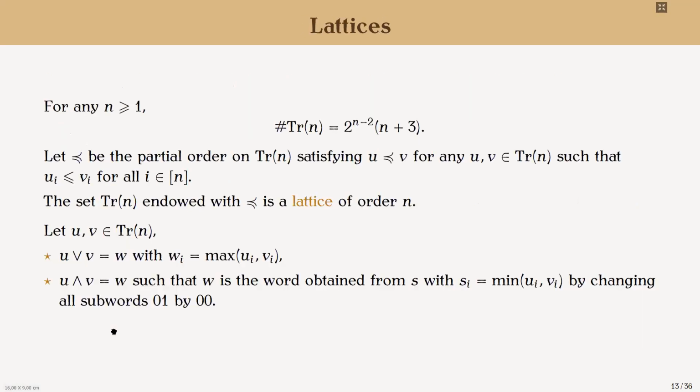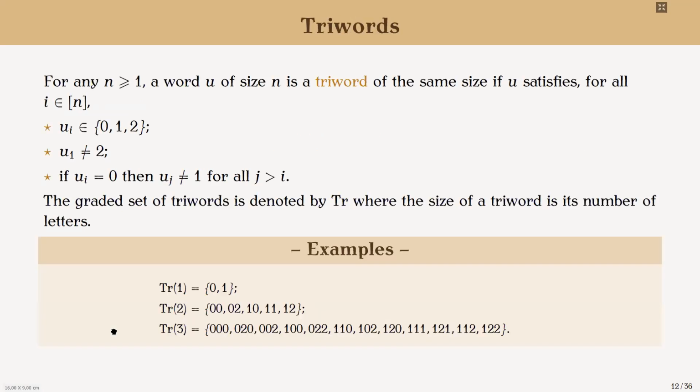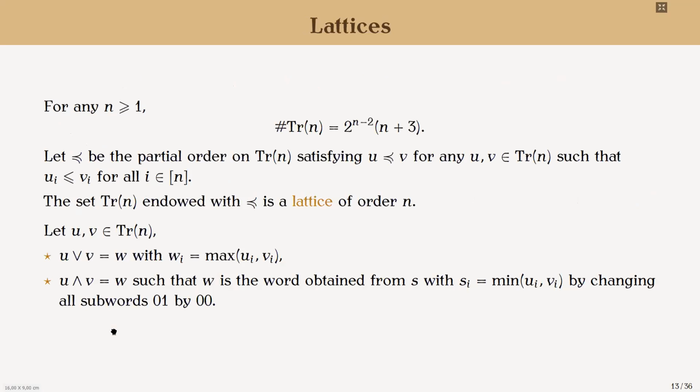And this is our candidate, the set of Triwords, to encode the Dyck paths of this interval that we saw. The first thing we see about Triwords is that the cardinality is given by this formula here.